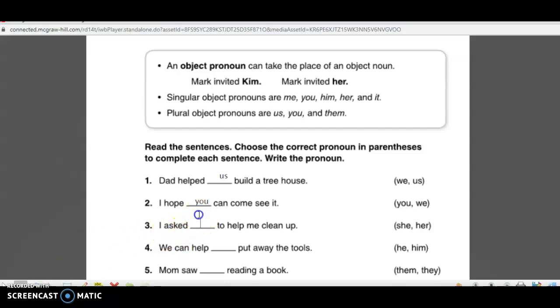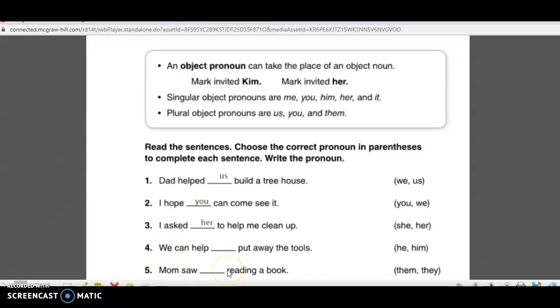Okay, so you should have her. She replaces a subject. We're not replacing the subject, so we need to use an object pronoun, which would be her. I asked her to help me clean up. Go ahead and do numbers 4 and 5.